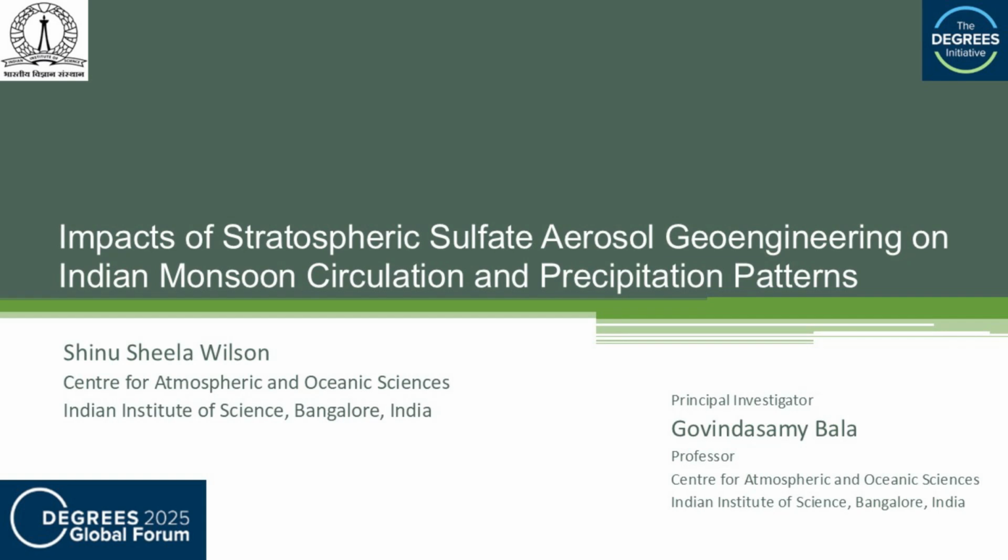The main question is whether SAI can counteract the climate change-induced changes in Indian summer monsoon circulation and precipitation. The main objectives are to assess the potential impact of SAI on the Indian summer monsoon and to investigate the effect of SAI on monsoon circulation.